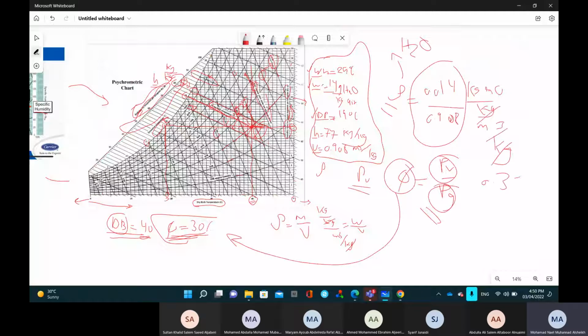So 0.3 equals PV over PG at the given pressure that the psychrometric chart operates with, and it will usually be the atmospheric pressure, because as I mentioned earlier, these are used in HVAC and ACs usually operate at atmospheric pressure, but I think it will be mentioned in the question if anything different. So you find PG at the atmospheric pressure or the pressure given, and multiplied by the relative humidity, you will get the vapor pressure.